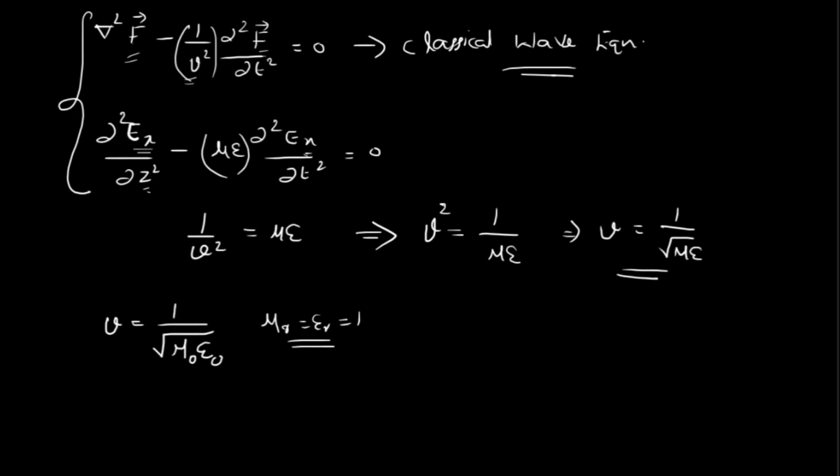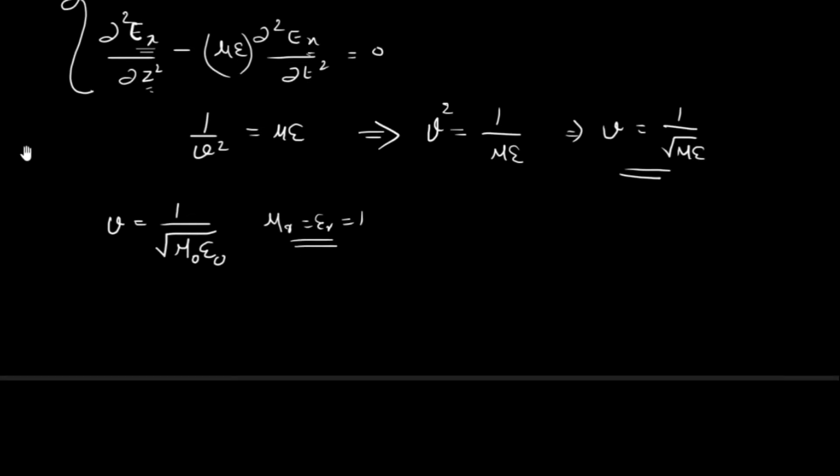And what is more surprising, mu naught and epsilon naught values we already know. Mu naught is 4 pi into 10 power minus 7. Epsilon naught is 8.85 into 10 power minus 12.